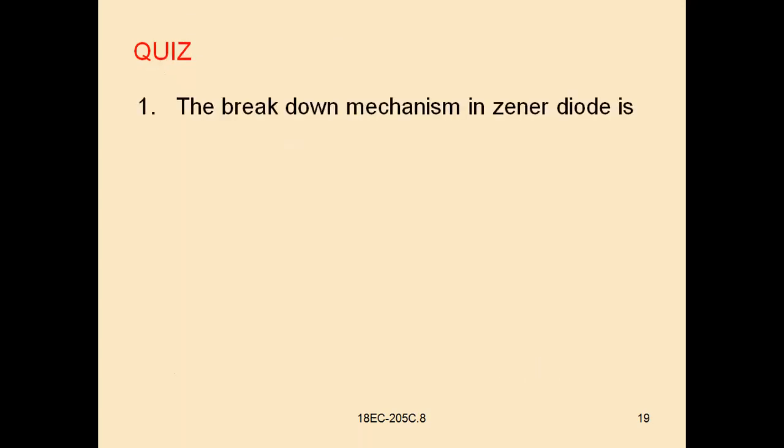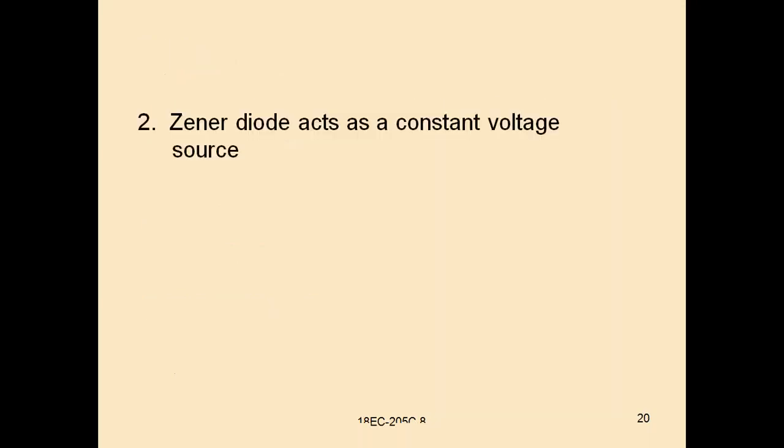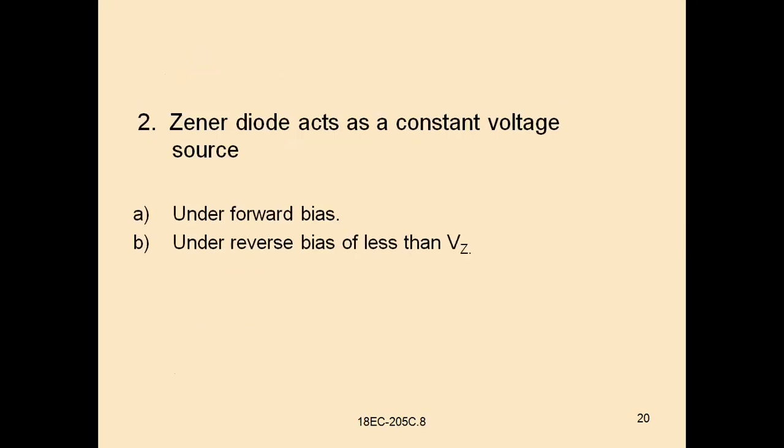The breakdown mechanism in a Zener diode is known as Zener breakdown. A Zener diode acts as a constant voltage source under reverse bias of more than the Zener voltage, that is, if the reverse bias is more than the breakdown voltage.